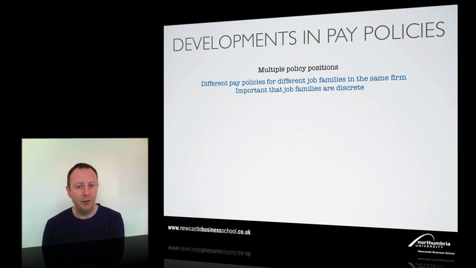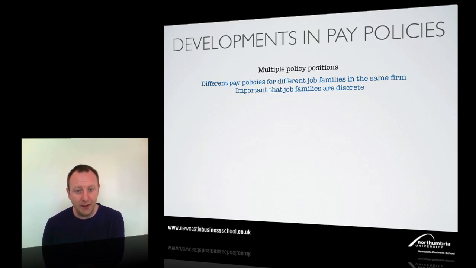So if an organisation is going to go down this route, it's very important that they consider the impact on the internal context of the organisation and the internal context of the pay structure that results. And typically, if you were in this position, you'd want to limit the extent to which employees would compare themselves with different job families that would have a different pay policy approach to their own.